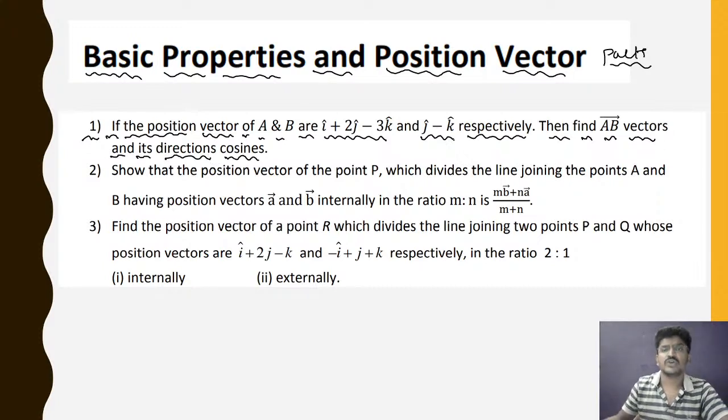Here first you have to find vector AB, then you have to find direction cosines. So you must know the formula of vector AB and the formula of direction cosines. If you know this, you can simplify.